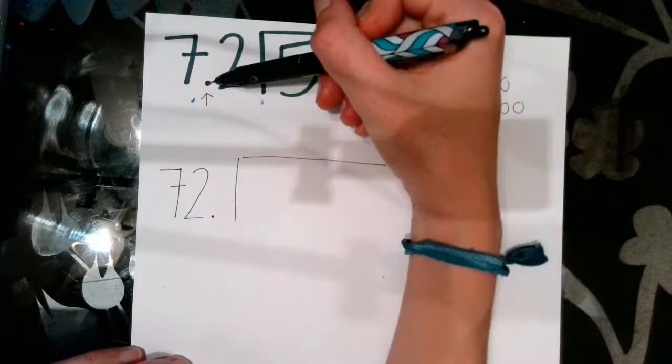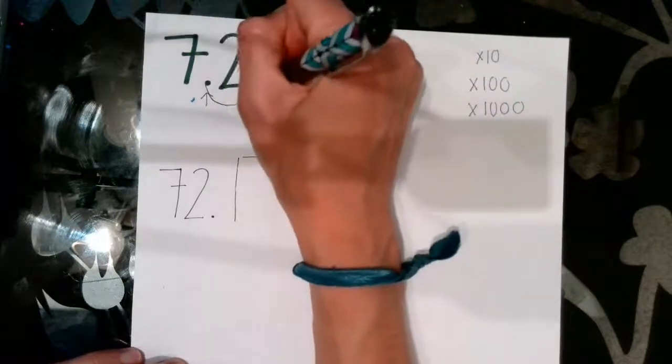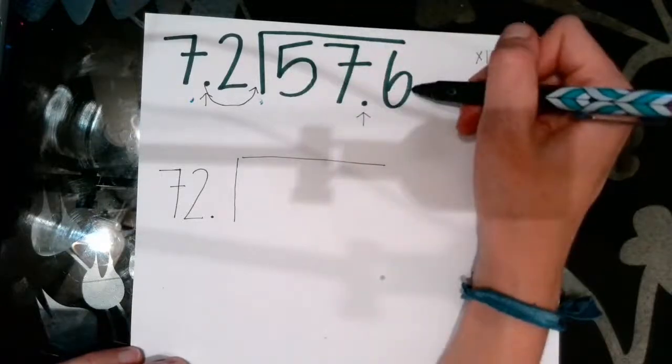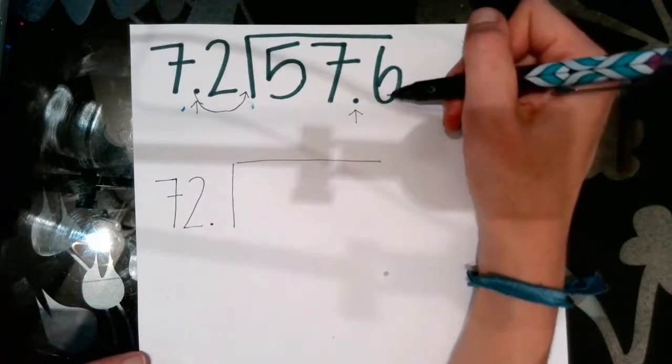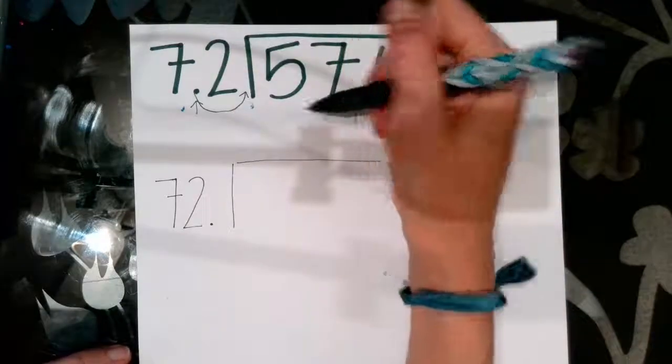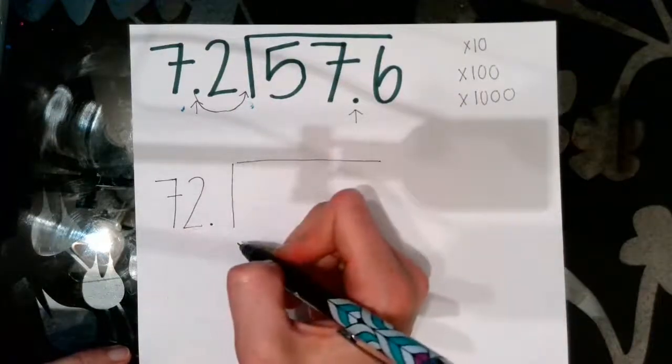Because I multiplied this by 10 in order to move the decimal one place, I also have to multiply this number by 10, so that we end up with the same quotient or answer to this original problem as we do to this problem.